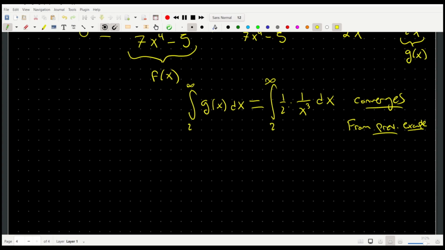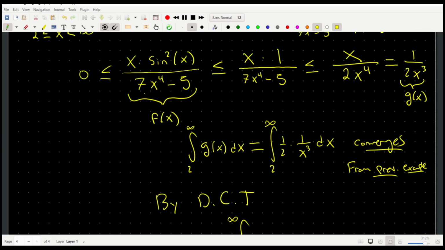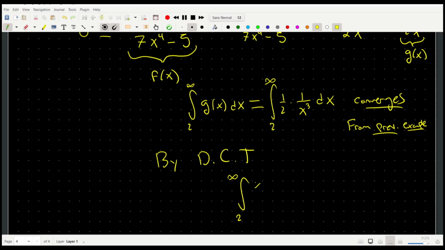So then because this converges by the direct comparison theorem, the improper integral from 2 to infinity of x times sine squared over 7x to the fourth minus 5 must also converge.